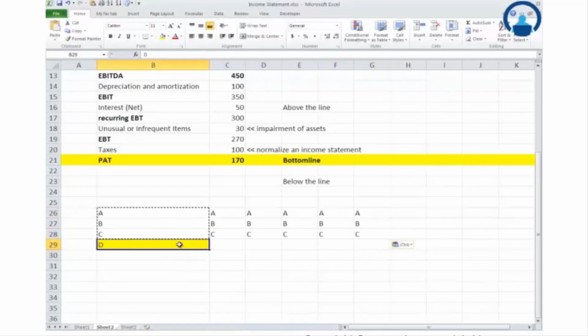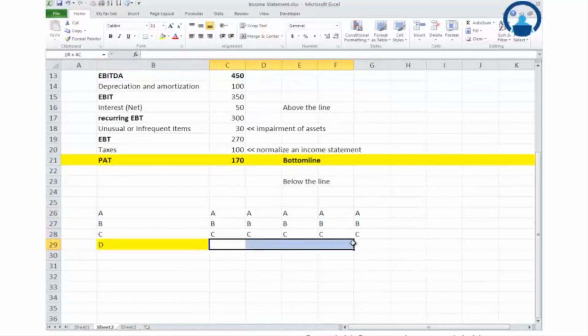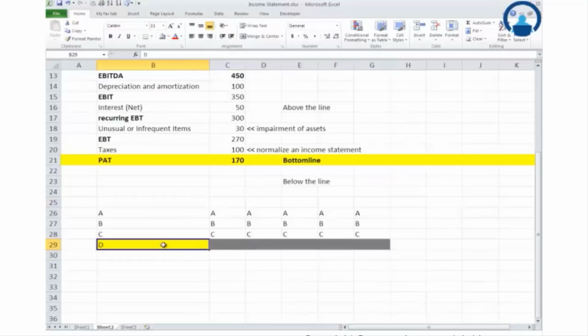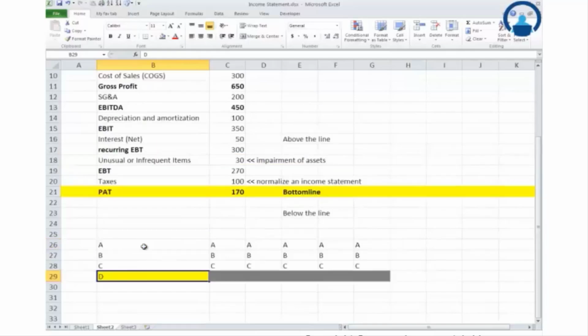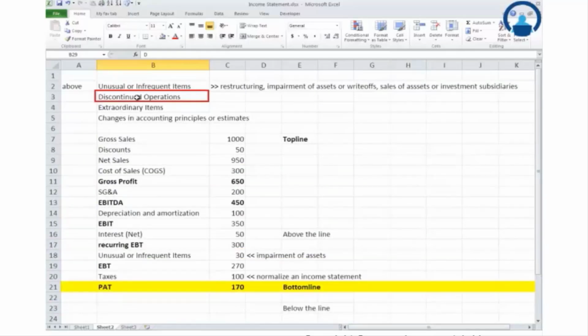However, D has been discontinued, so it will not be present in the future years. So this is again a non-recurring item. Any income associated with this segment D is called discontinued operations or income from discontinued operations.